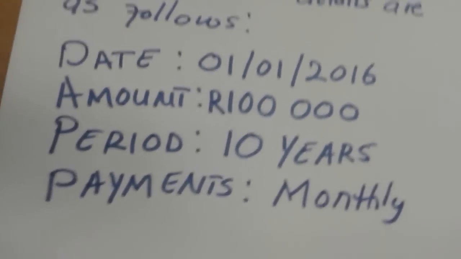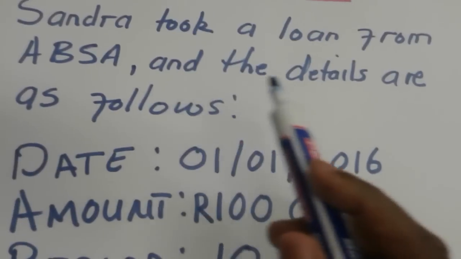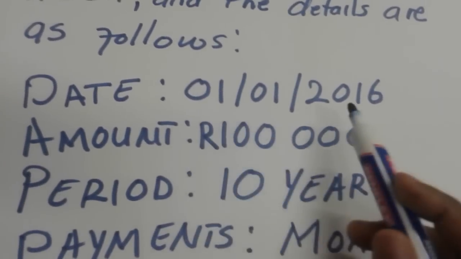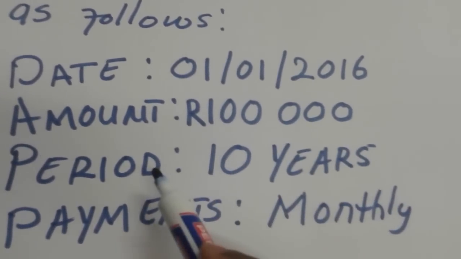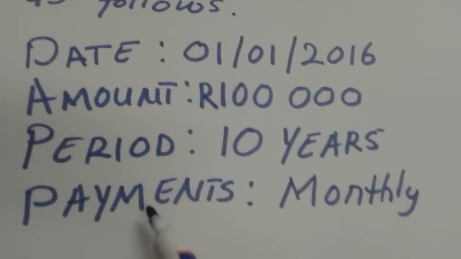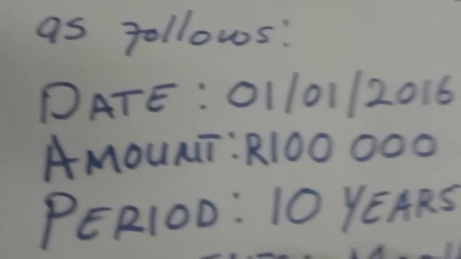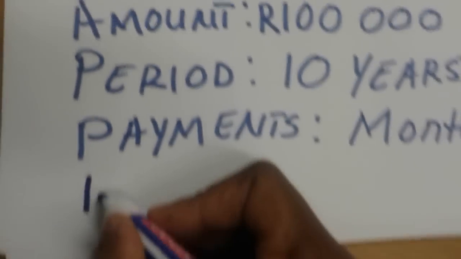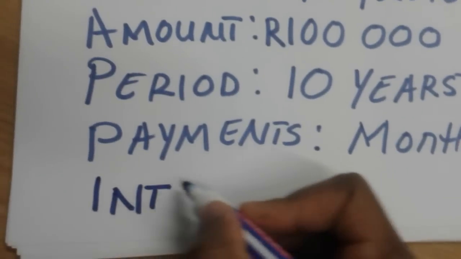Okay, so we've got a question where Sandra took a loan from Absa and the details are as follows. Date is 1 January, amount 100,000, period 10 years, payments monthly. And then of course the most important thing, interest rate.